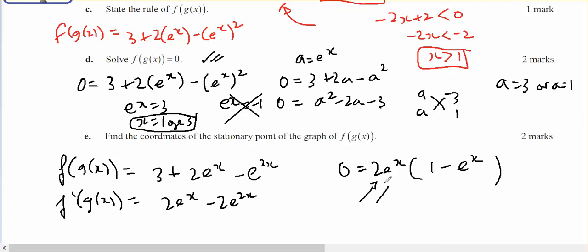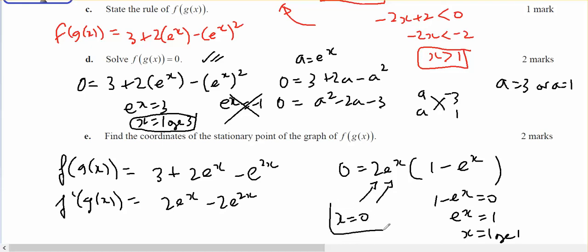The 2e to the x can't be 0. 1 minus e to the x equals 0 when e to the x equals 1, and x equals log base e of 1, or x equals 0. Coordinates of the stationary point. So the y coordinate will be 3 plus 2e to the 0, which is 2, minus e to the 0, which is 1. That's going to be 4. So 0 and 4.